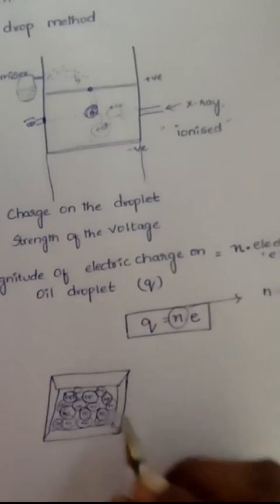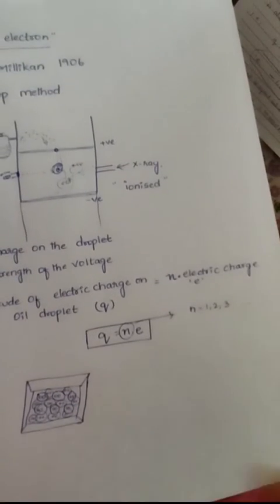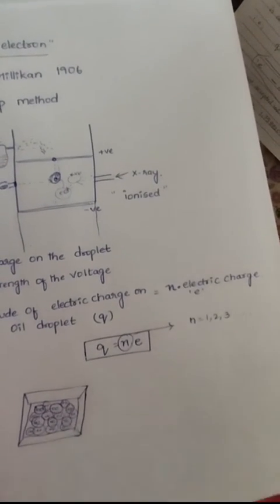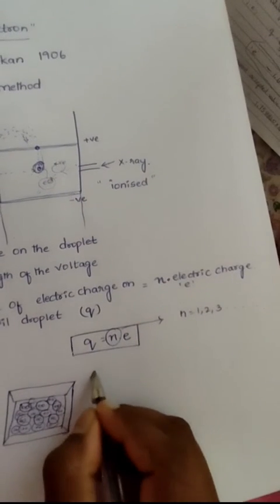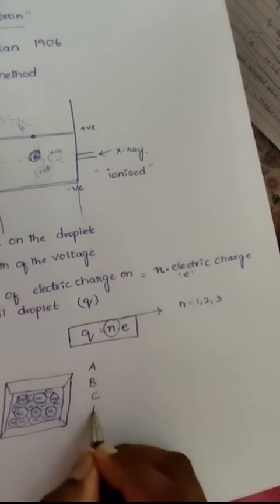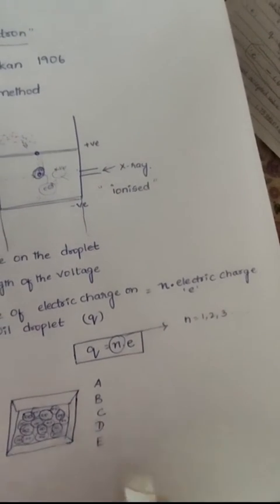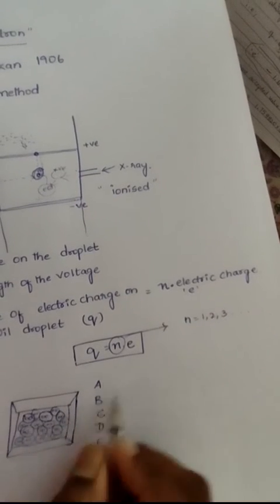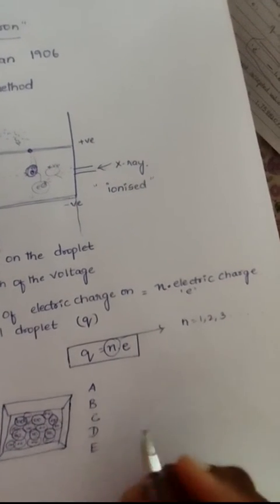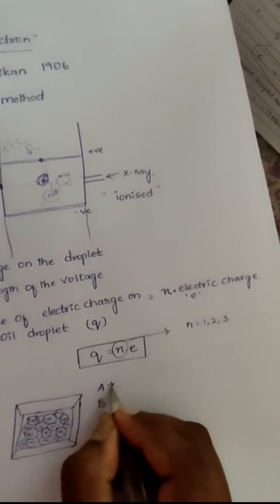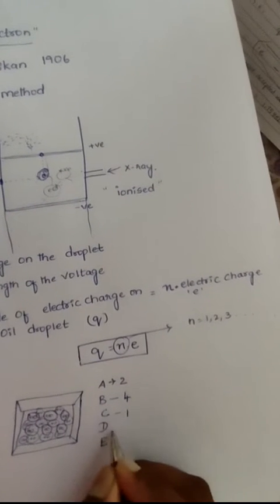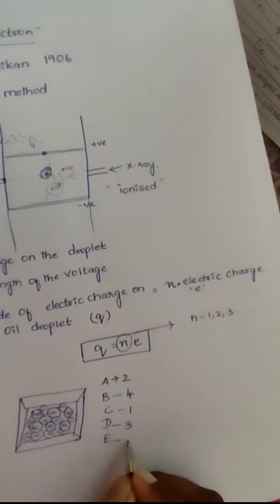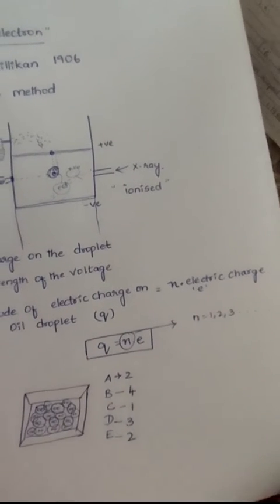And you and your classmates are asked to pick some packets of your choice. Suppose there are 5 students A, B, C, D, E. They are asked to pick chocolates of their own choice. A picked 2 packets, B picked 4, C picked only 1, D picked 3 packets and E picked 2 packets.